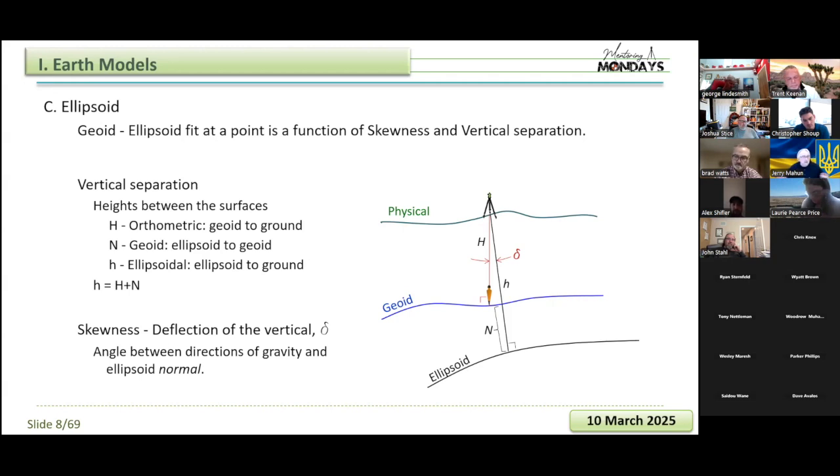Now, depending on how well it fits, we can have those heights be very small, or we could have the heights be large. We could have large skewness or small skewness. For example, when we used the Clarke 1866 ellipsoid for NAD 27, that was a regionally fit datum. It was fit to Meades Ranch in Kansas, a control point in Kansas. At that point, it was said that the ellipsoid and the geoid coincided.